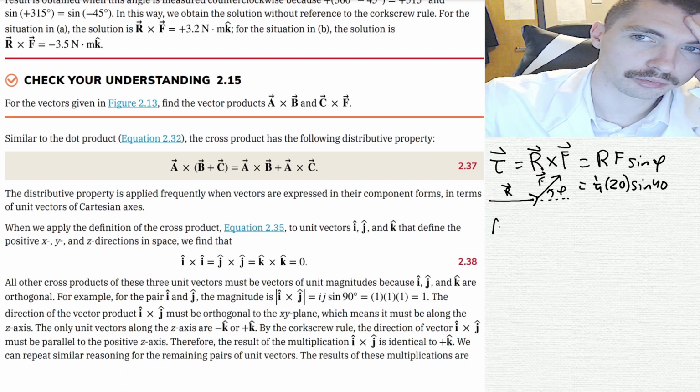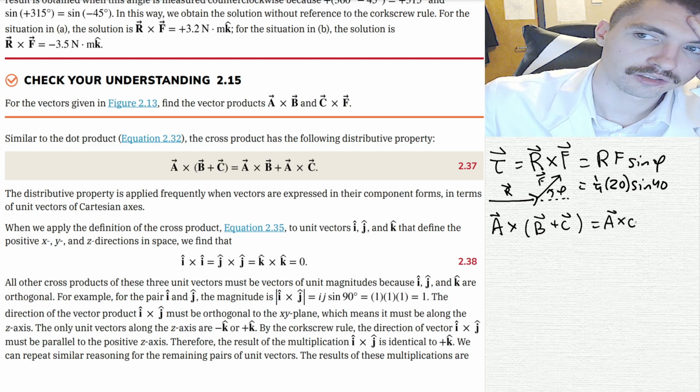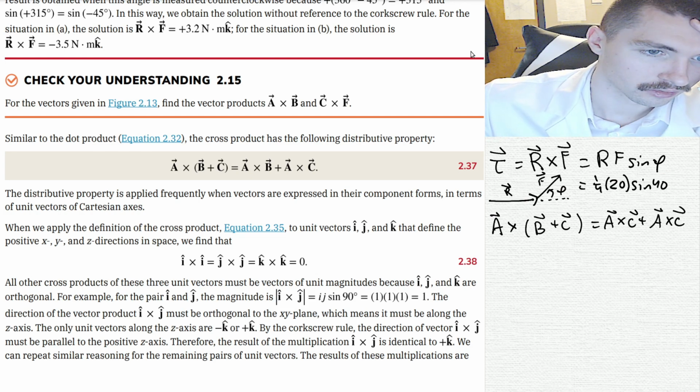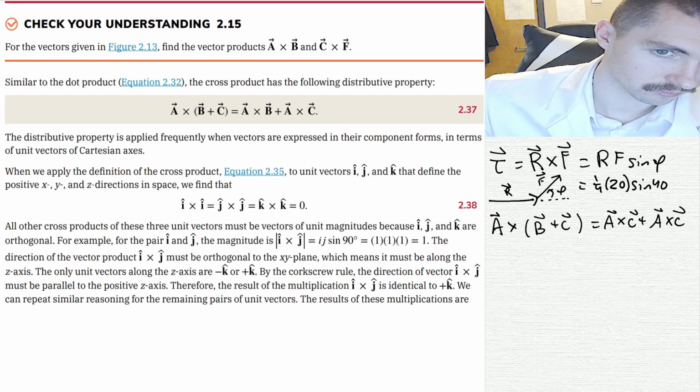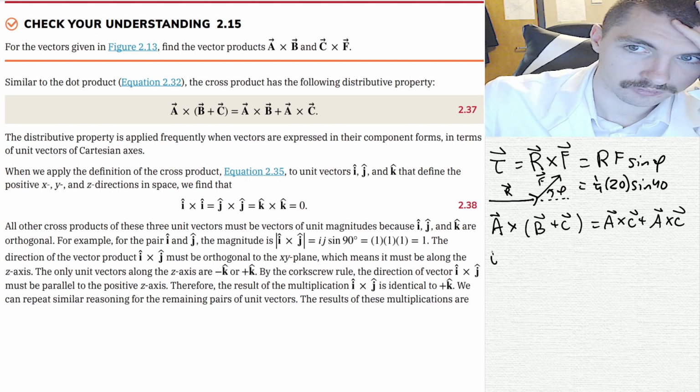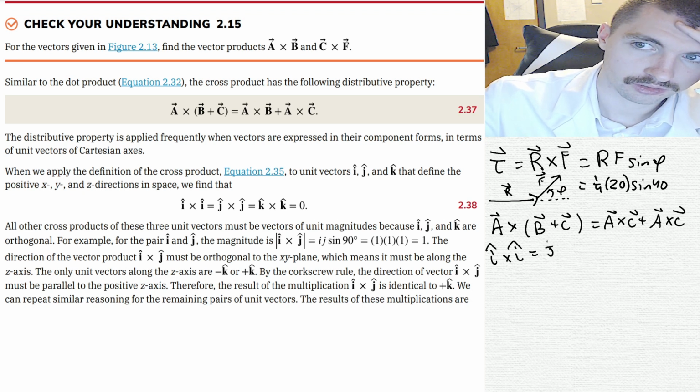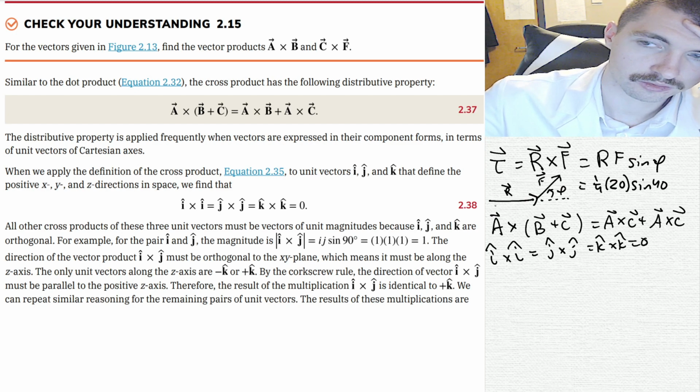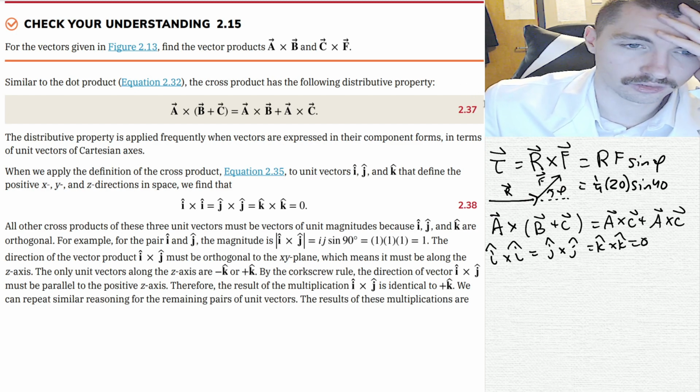So the cross product has the distributive property. I hat cross I hat equals zero. All of these are zero.